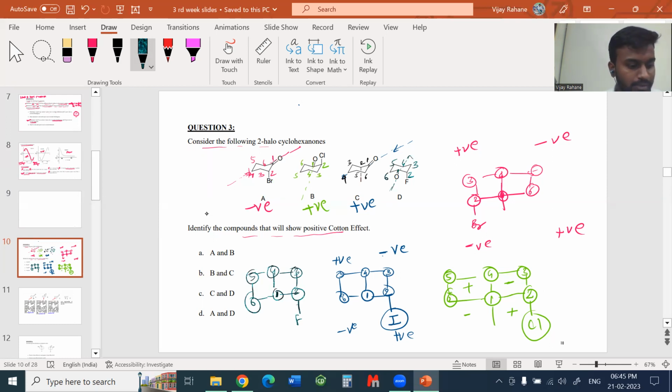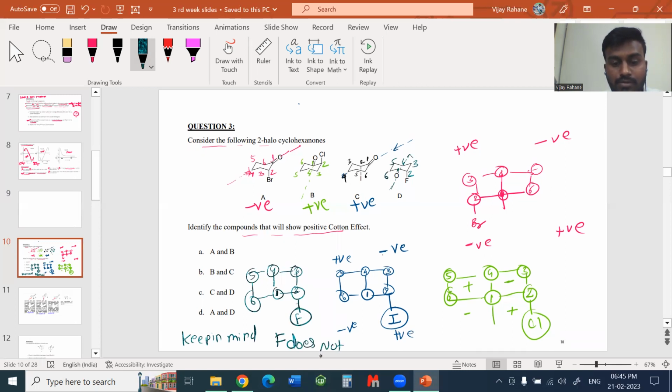I think we made a mistake somewhere, but the fluorine is here. But always keep in mind that fluorine does not show a Cotton effect, right?